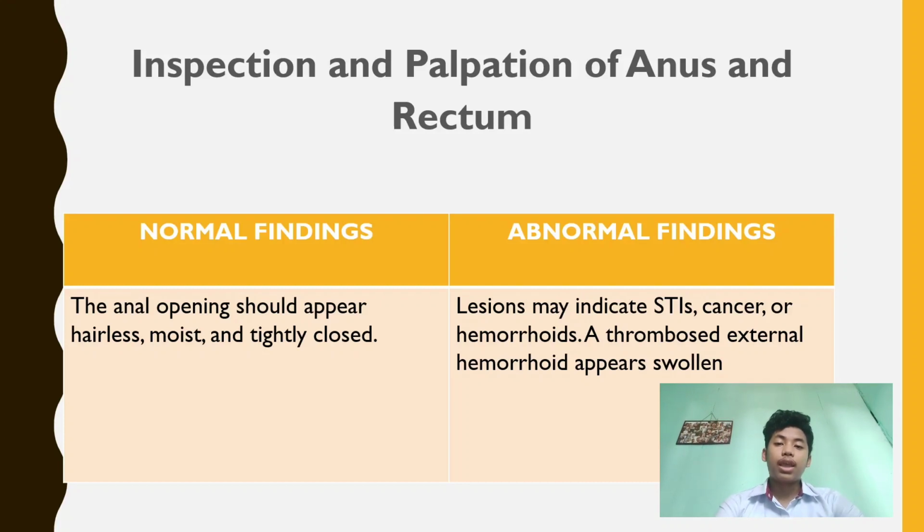A swollen skin tag on the anal margin may indicate a fissure in the anal canal. Redness and excoriation may be from scratching an area infected by fungi or pinworms. A small opening in the skin that surrounds the anal opening may be an anorectal fistula.